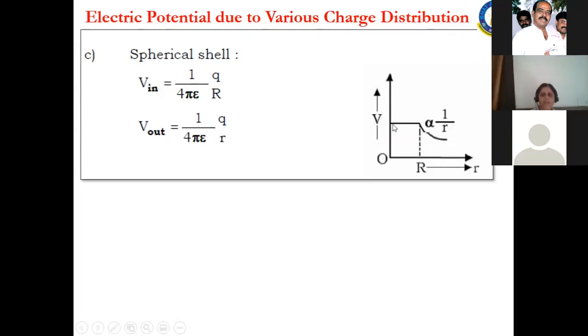So you get this straight line. Then outside the shell, it varies inversely with the distance. So Q by r you have, V is proportional to 1 by r. Therefore, you get this part of the curve. So this is the graphical representation for the electric potential due to a spherical shell.